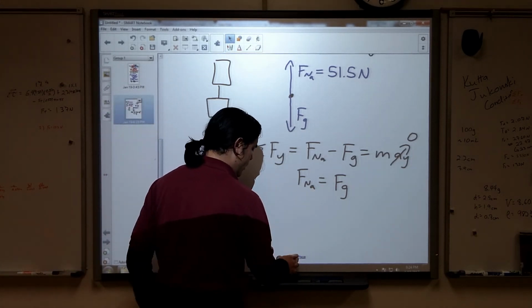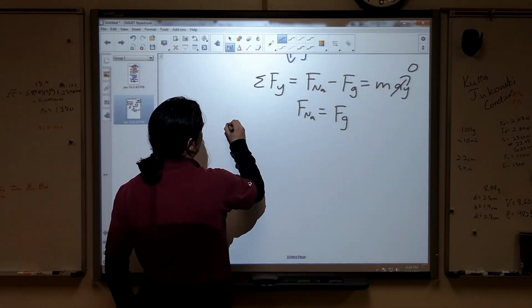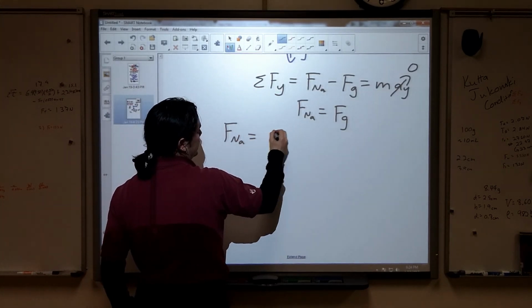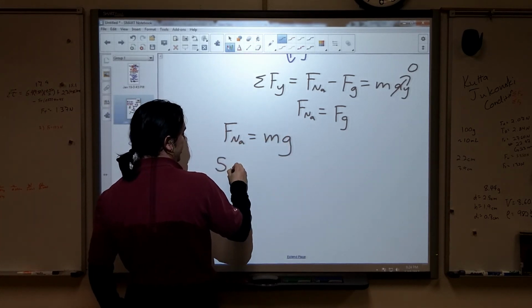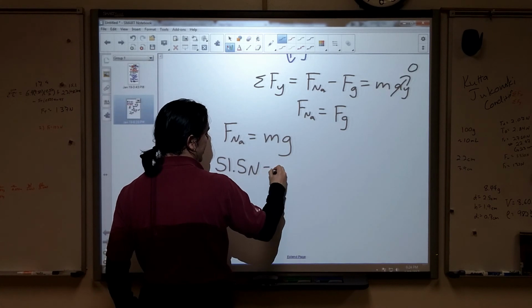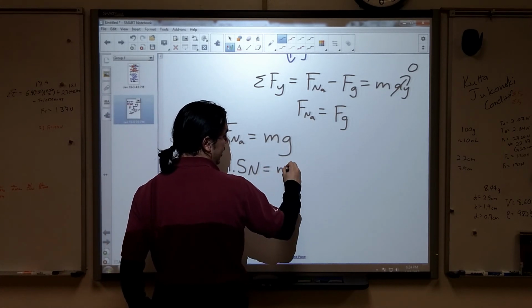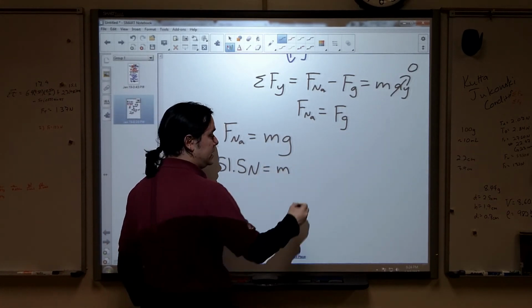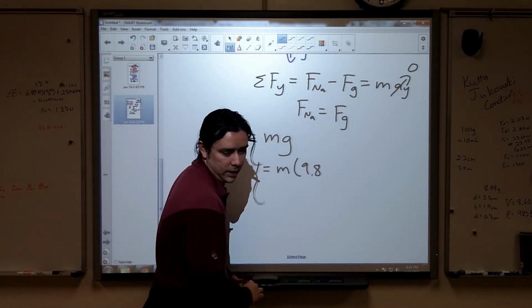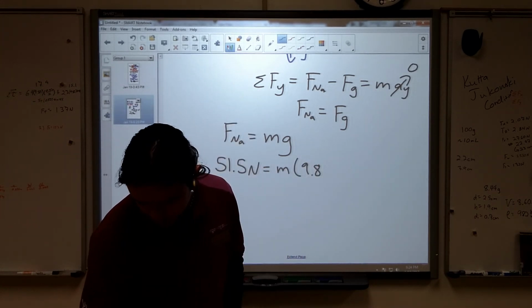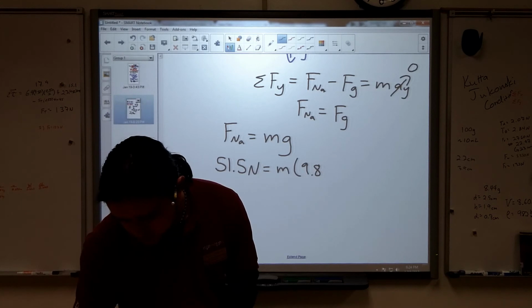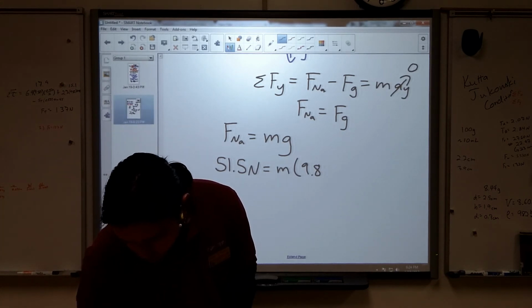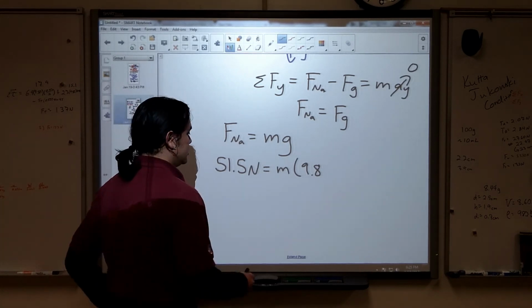With this, I know that my normal force in air is going to be equal to the force of gravity, which is mg. We said that the normal force in air was 51.5 newtons, and that's going to be equal to the mass of the object, one of the things we need, times 9.8 meters per second squared. They do not actually specify 9.8 or 9.81, so we'll use 9.8.